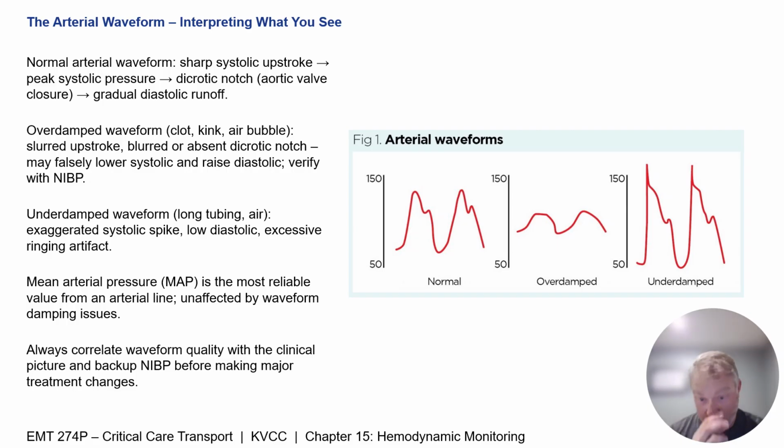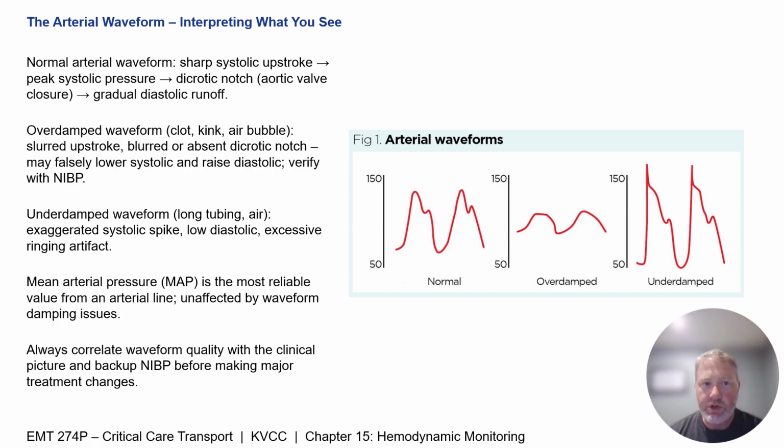So take a look at the little diagram here. Here's the normal art line waveform versus what they term overdamped and underdamped, and I'll go over what those mean. But if you have a visual to look at, it might make things a little easier to understand.